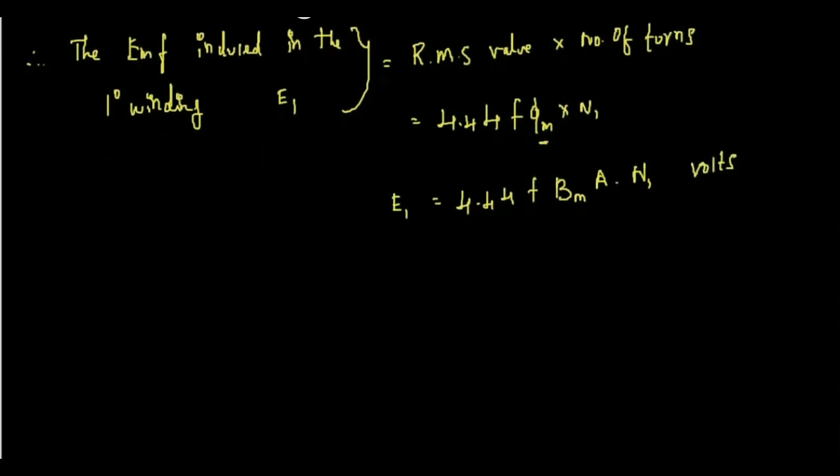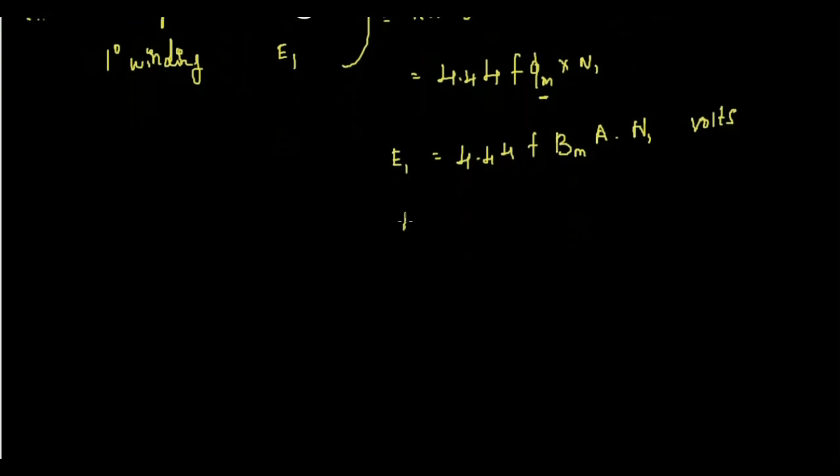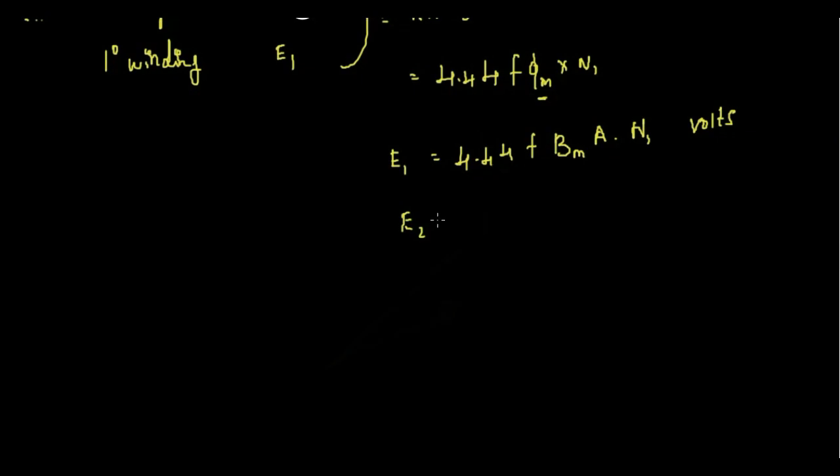If you require the EMF induced in the secondary winding, you can do this. E2 is equal to 4.44 f Bm A, area of cross section, into N2, number of turns in the secondary, in volts.